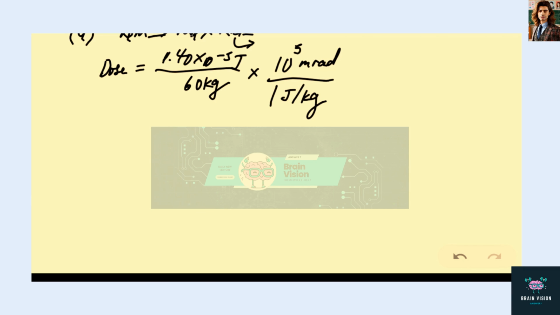Since rad is equal to REM for this case, we don't need any conversion factor. 1 millirad is the same as 1 milliREM.